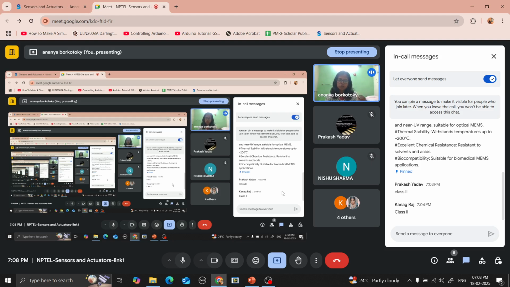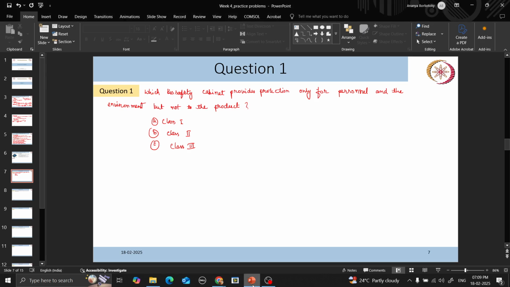In class 2 and 3, the product is also kept in mind, so there is no contamination to the sample or the device you are testing. So for this question the correct answer is class 1.